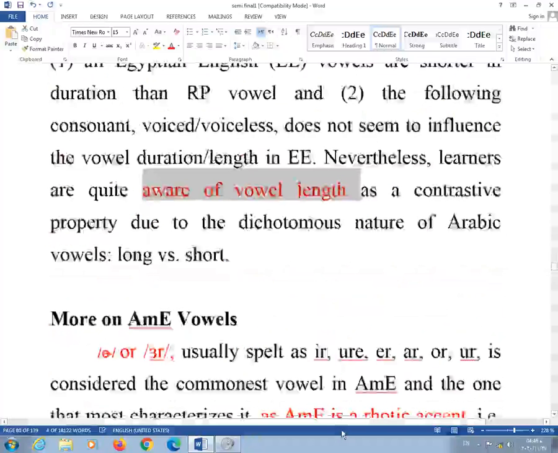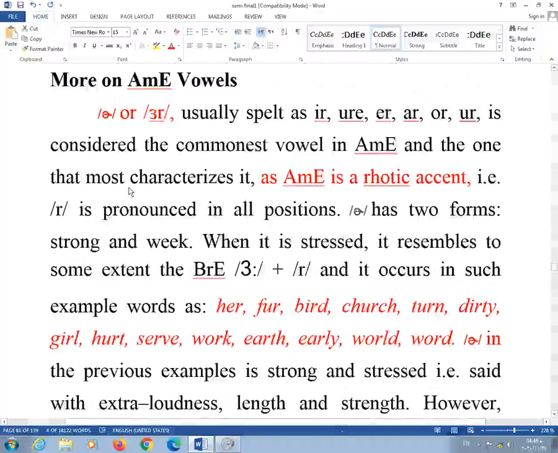تمام، هنيجي بقى على كده. In passing, I want to talk about American English vowels. بس I don't want to talk for so long about this now because I don't want to distract you. I want you to focus a little bit on the British pronunciation, at least in this term and in the beginning.